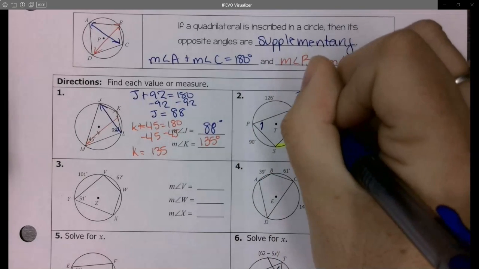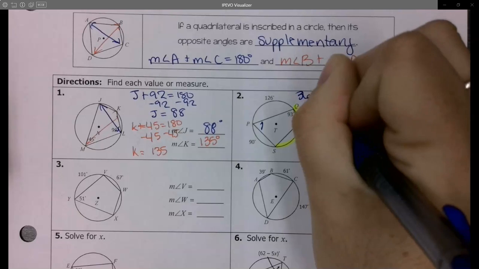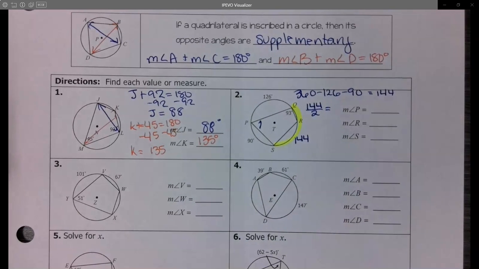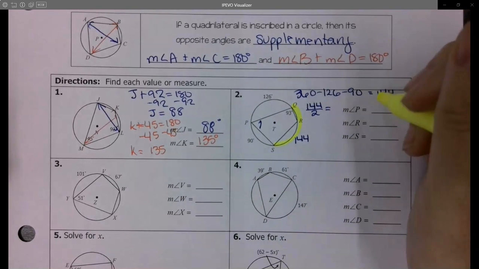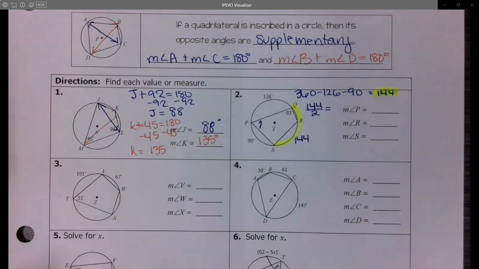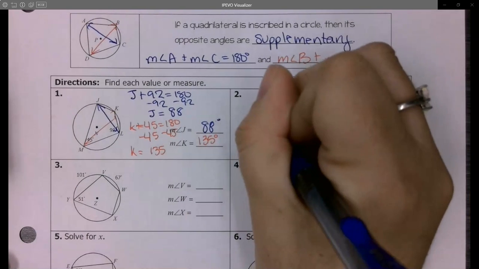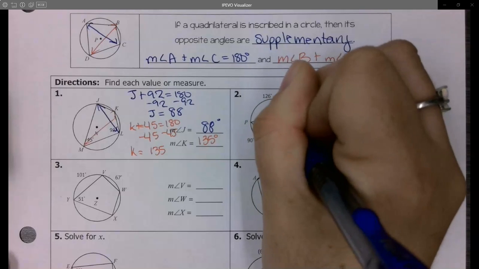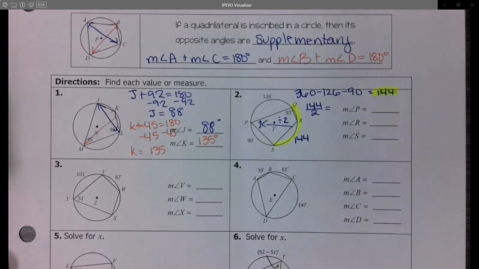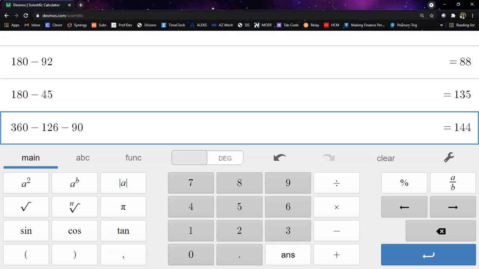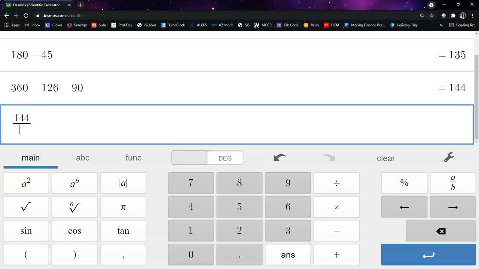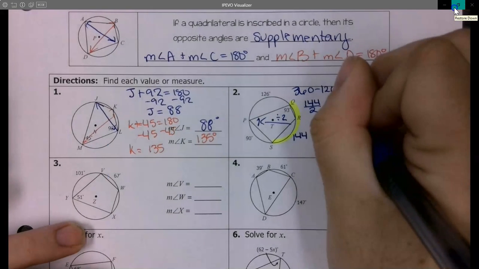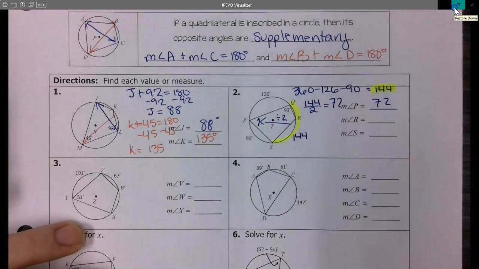So I am going to take 144 and divide by 2 to get my value of P. So 144 divided by 2 gets me 72. So my measure of angle P is 72.